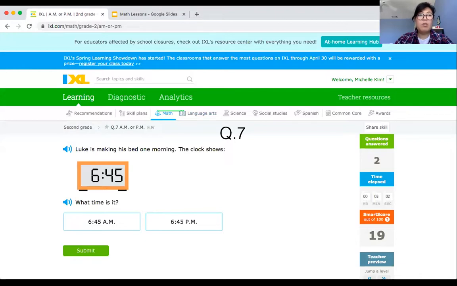So we're looking at some clues in our sentence. He's making his bed in the morning. Remember, morning is AM because AM is after midnight. So it's 6:45 a.m.